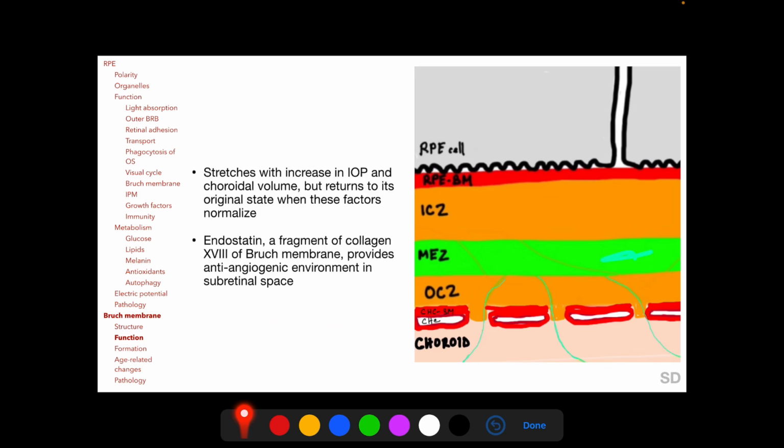The Bruch's membrane stretches with increase in intraocular pressure and choroidal volume, but returns to its original state when these factors normalize. Endostatin, a fragment of collagen 18 present in the RPE basement membrane, provides an anti-angiogenic environment in the subretinal space.